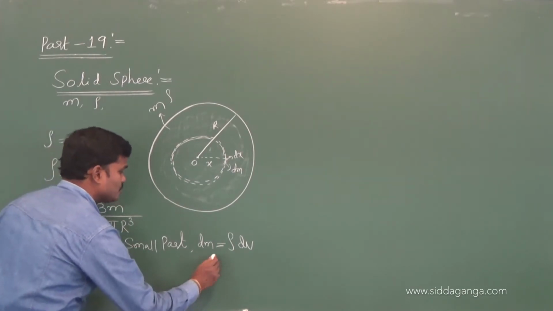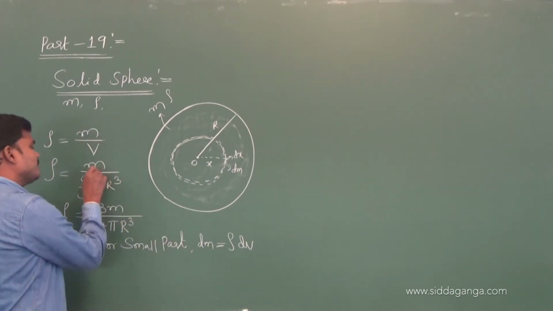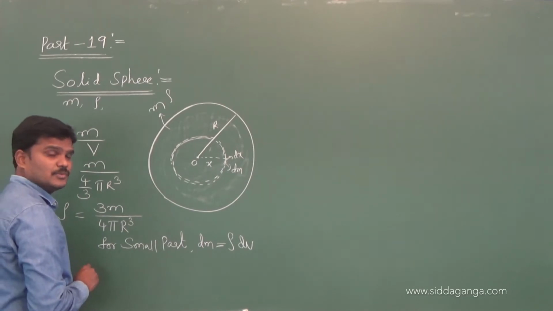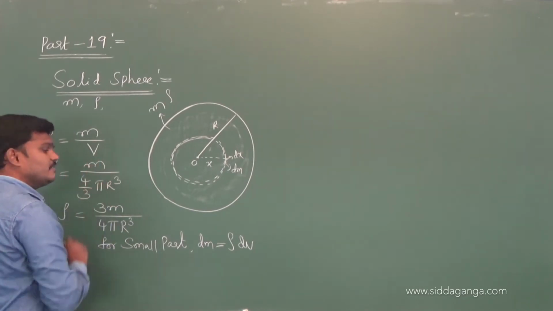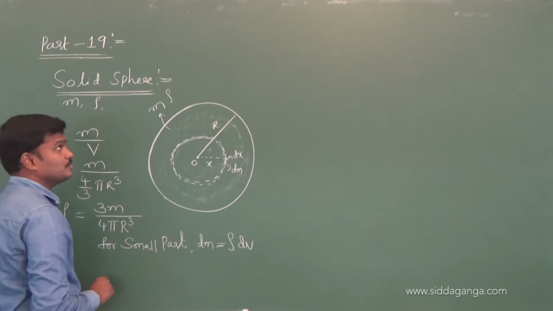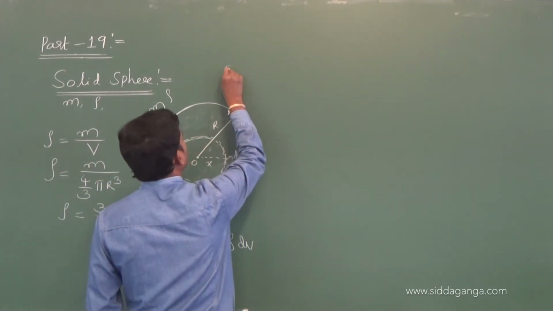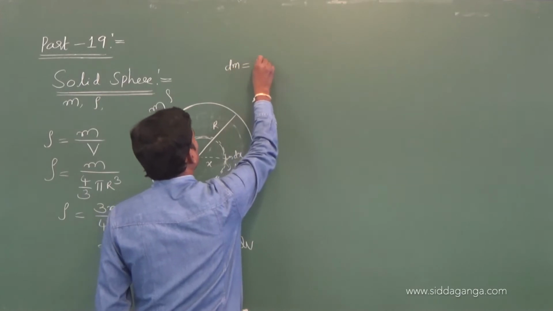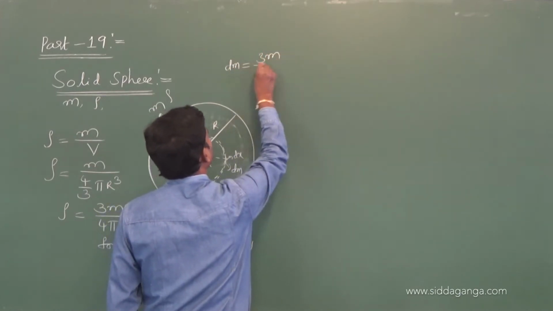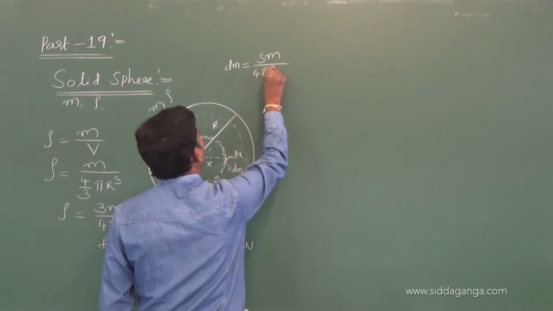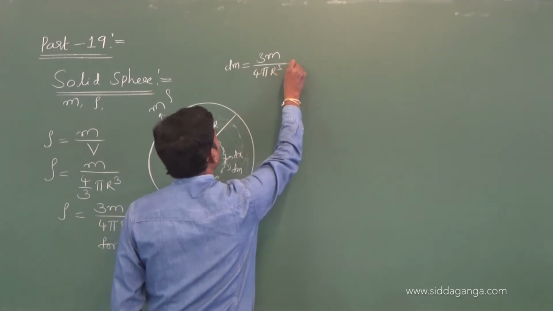Rho we already got as 3m by 4 pi r cube. So dm is equal to 3m by 4 pi r cube into dV.